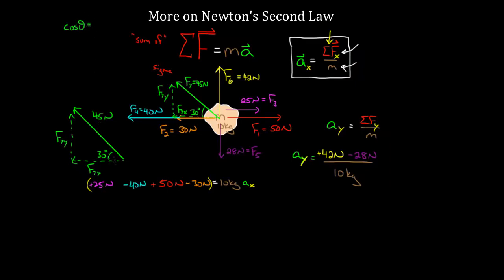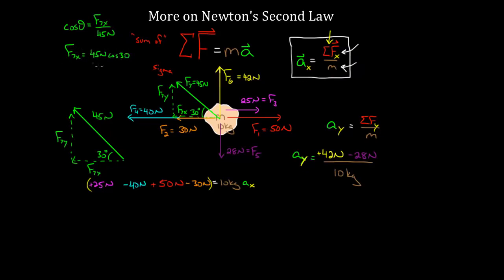The adjacent to this 30 degrees is the side touching that angle, which is F7x. So F7 in the x direction over the hypotenuse, the total magnitude of this force vector, which is 45 newtons. So I can solve now for F7 in the x direction. F7 in the x direction is going to be 45 newtons times cosine of 30 degrees.